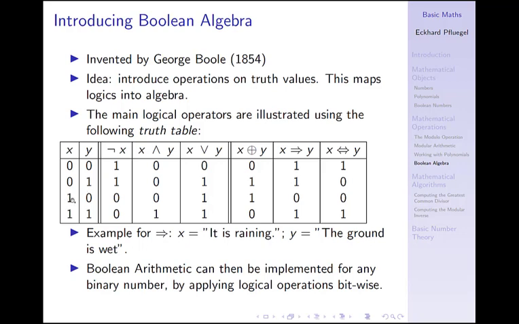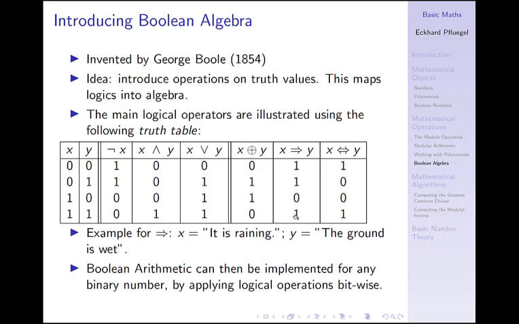Could it be that it is raining and the ground is dry? So here we say no. So we're assuming there's obviously no protective roof or anything. So really, if it's raining, the ground will inevitably be wet. And then if it is raining and the ground is wet, that's obviously exactly what we observe.